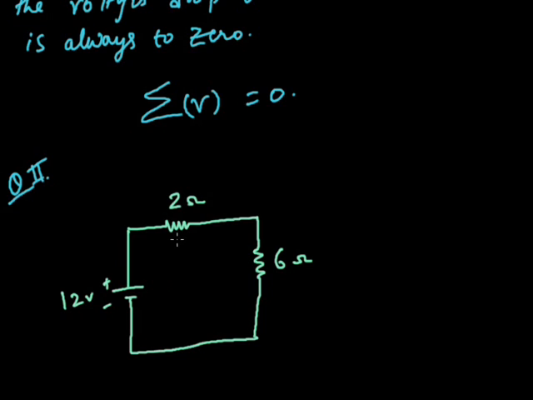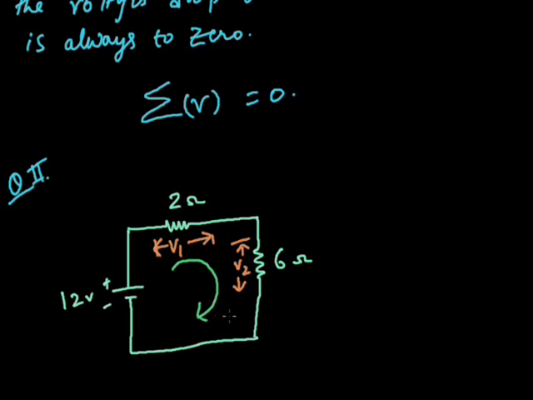Now voltage will be dropped across the 2 ohm resistance, suppose we write this as V1, and here V2 across the 6 ohm resistance, and we consider that current always flows the same in a series circuit.